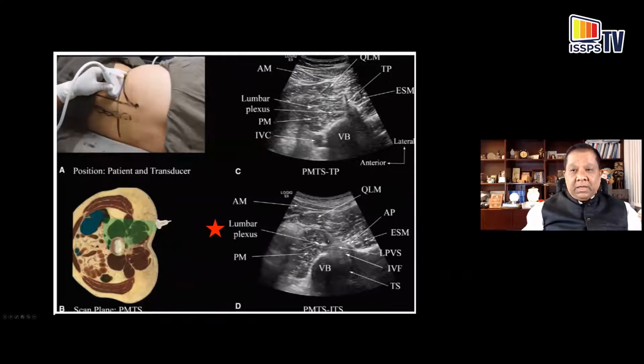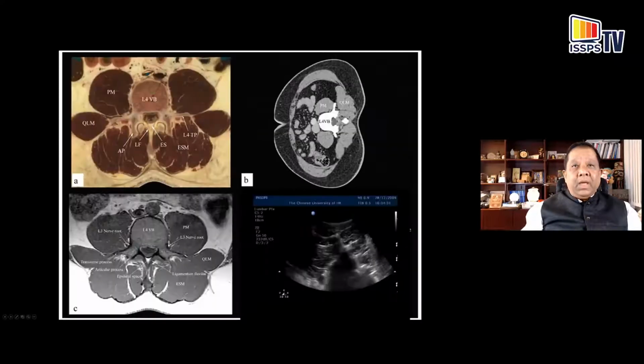You will see here the fleshy psoas muscle in relation to the anterior medial part of the vertebral body. And then you can see within the psoas muscle in the posterior part, there's a hyperechogenic structure, which is indeed the lumbar plexus, and the erector spinae muscle posteriorly.